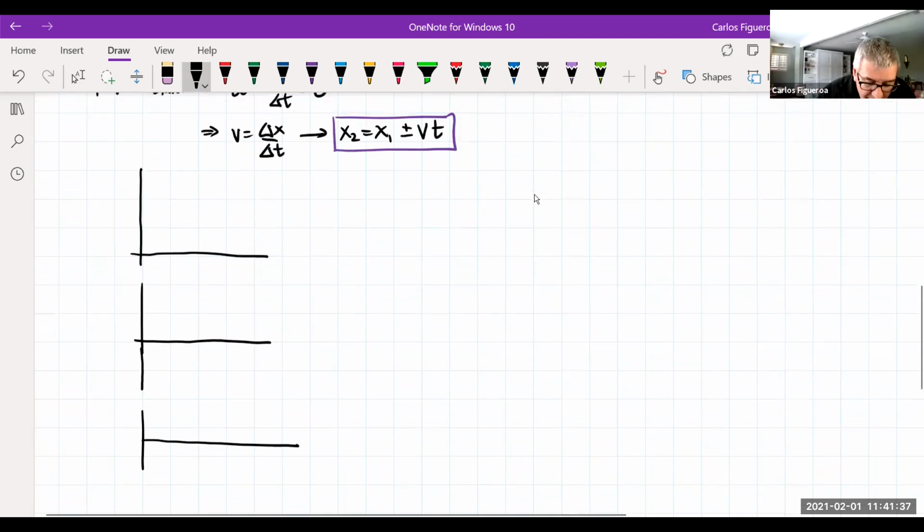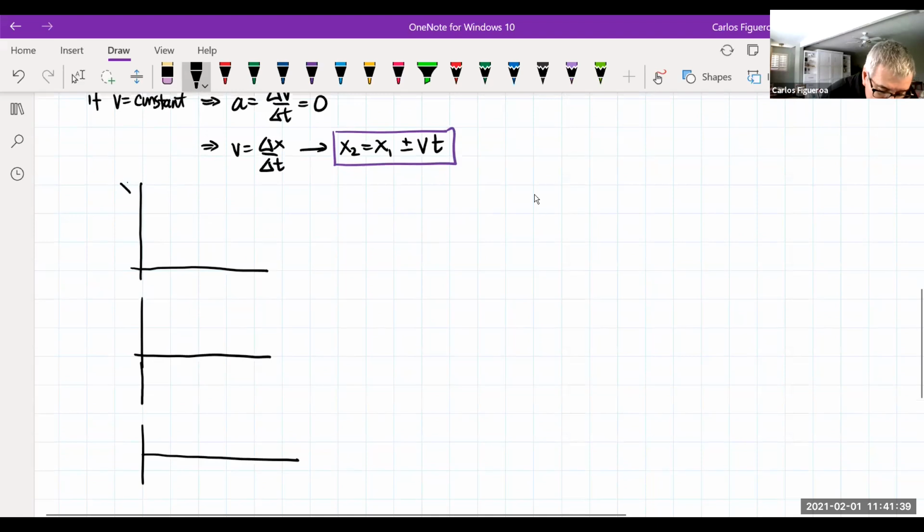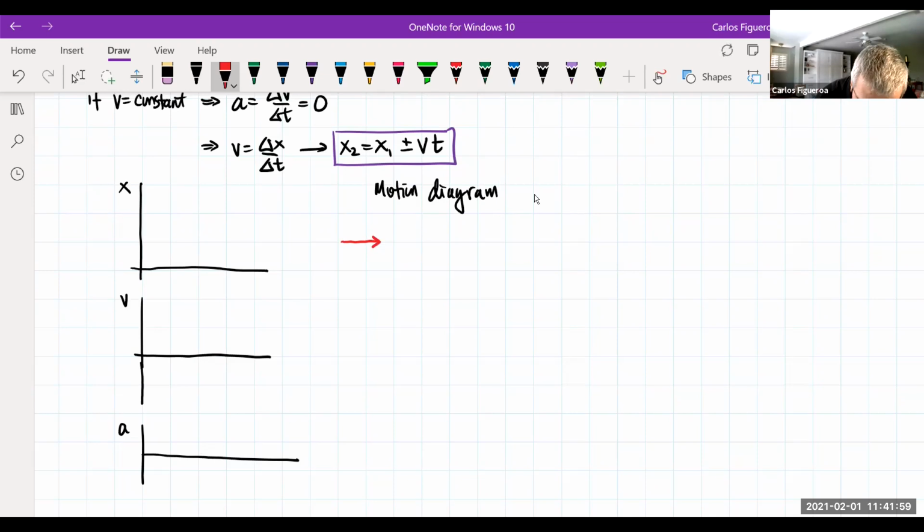So I'm plotting position, velocity, acceleration. So here we go. Here's my plot. Now I'm going to look at the motion diagram.